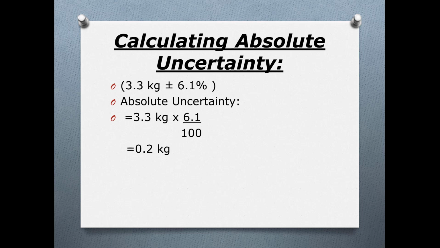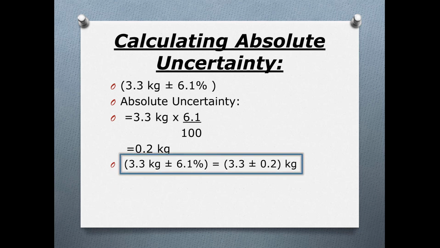So this value 0.2 kilogram is basically 6.1% of the actual value 3.3 kilogram. So we have converted this percentage uncertainty into absolute uncertainty. We get 3.3 kilogram plus minus 6.1% is equal to 3.3 plus minus 0.2 kilogram.